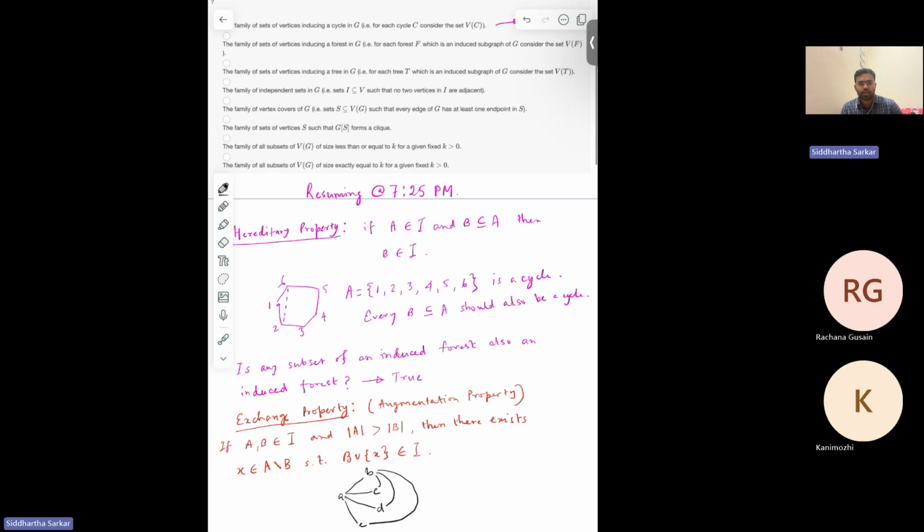A, B, C, D, E are the 5 vertices, and the edges are AB, AC, AD, AE, BC, BD, and BE.